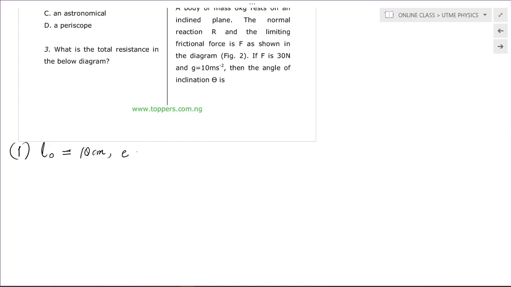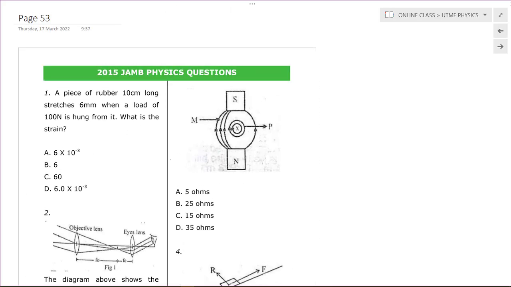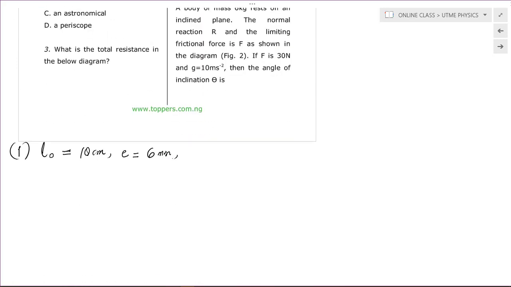Why the extension is 6 millimeter. Then, when a load of 100 Newton is hung from it, that is, the force applied here is 100 Newton. The question is to find strain, unknown.